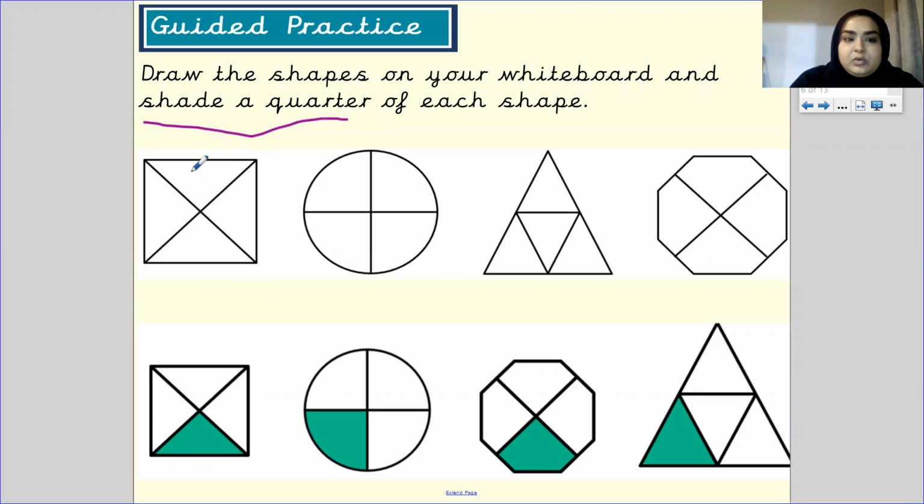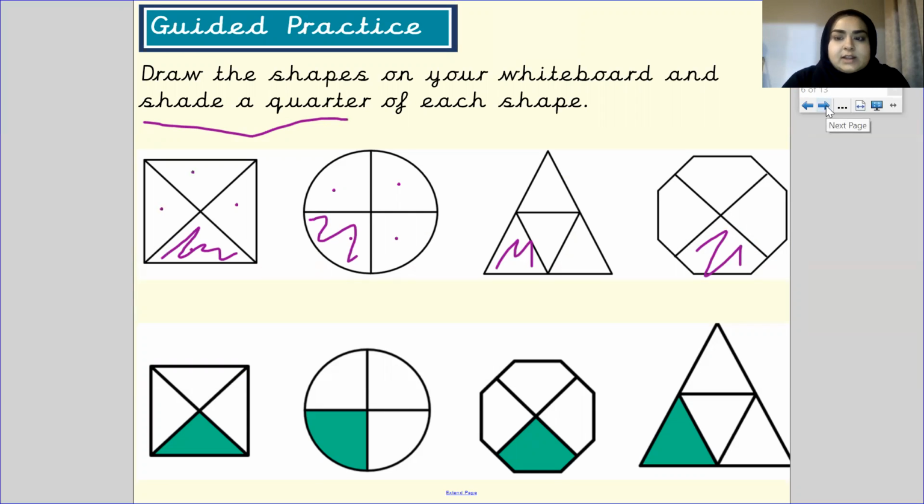For example, 1, 2, 3, 4, it asked me to shade a quarter, so I would shade a quarter. Over here I've got 1, 2, 3, 4. So 4 quarters make up one whole, but we only want to shade in 1 quarter. And same with here, 1 quarter, and same with here, 1 quarter. Fantastic if you got that correct.